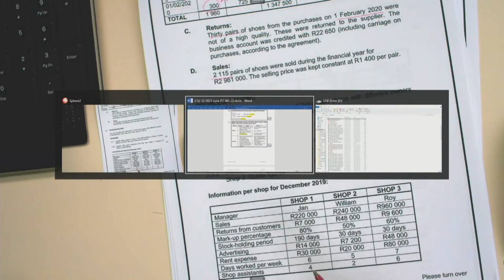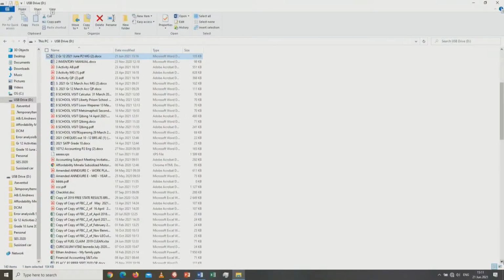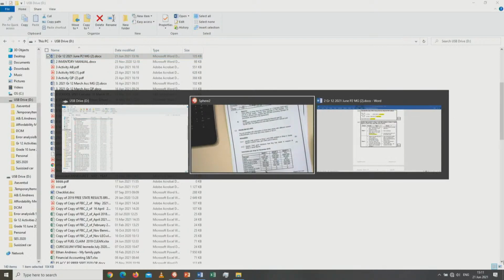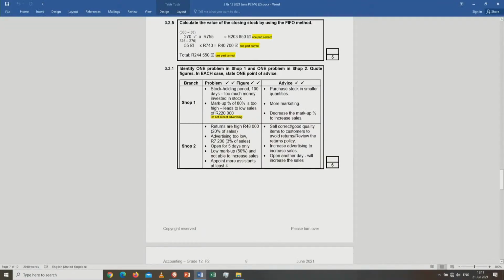Let's go back to our marking guide. There we go. Identify one problem in shop 1 and one problem in shop 2. Shop 1, stock holding period 190 days, too much of money invested in stock, right? The stock can also get outdated because it's a very long period.